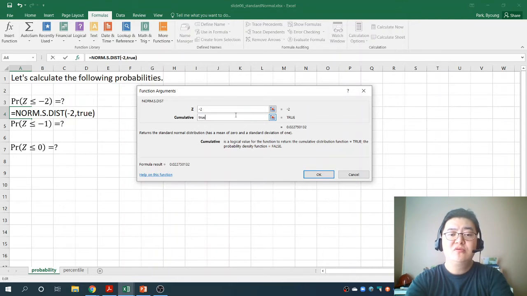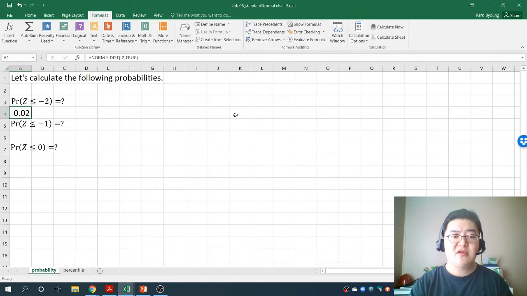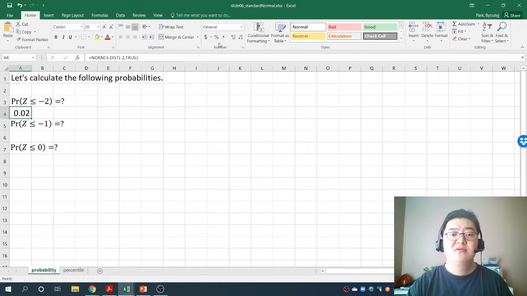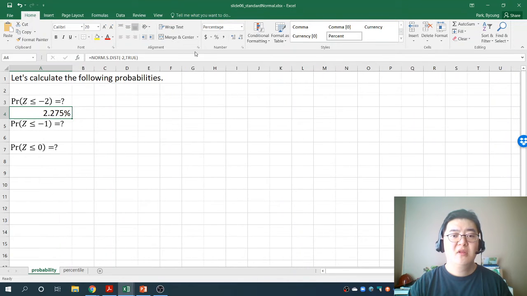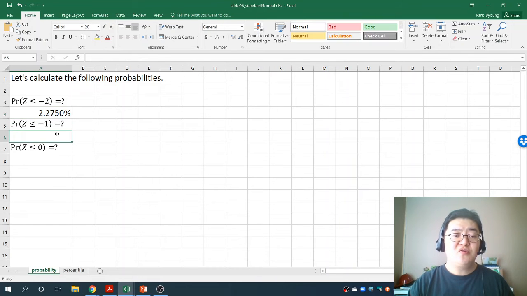So I'm going to type true, right? Then click enter. You get this number. You may change the format as you want. So the probability smaller than -2 is 2.2750%, right?